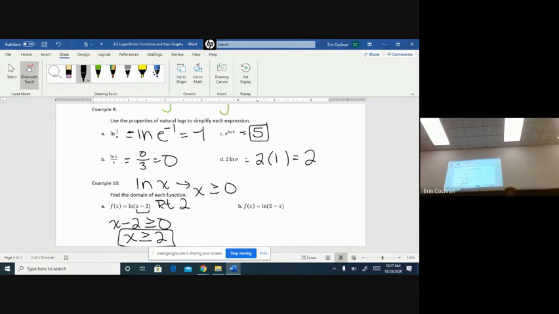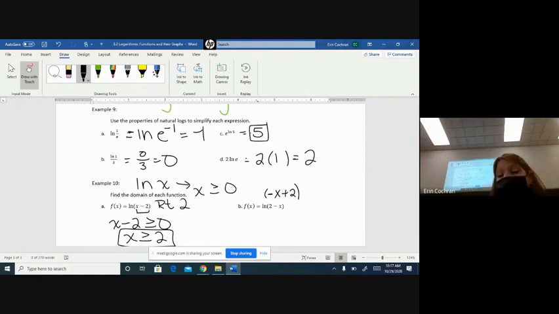Now, in B, we have 2 minus x there. So this is the same thing as negative x plus 2, right? So which way is this one shifting? This one shifts to the left 2, because it's plus 2. But what does the negative in front of the x do? Doesn't that tell me it's some kind of reflection? When it's inside, it's a reflection over what axis? The y-axis, right?